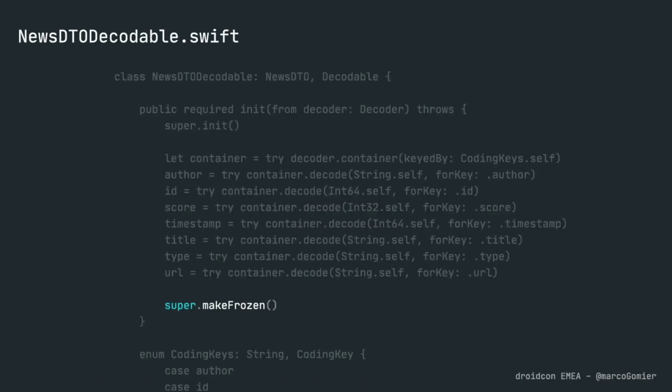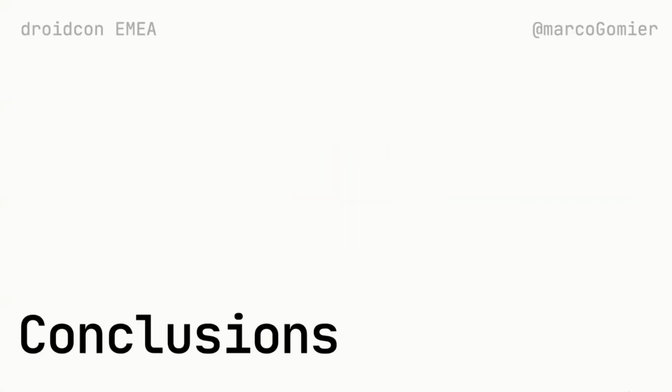Next, we can come back to iOS and freeze the DTO after initializing all the fields. And basically, it was a tough journey, I know.